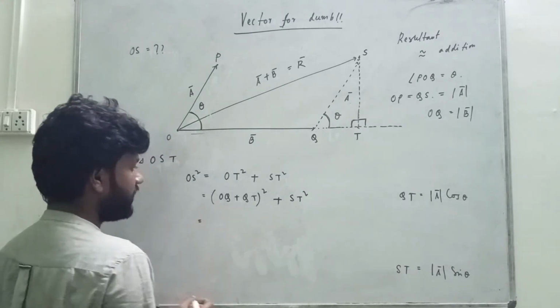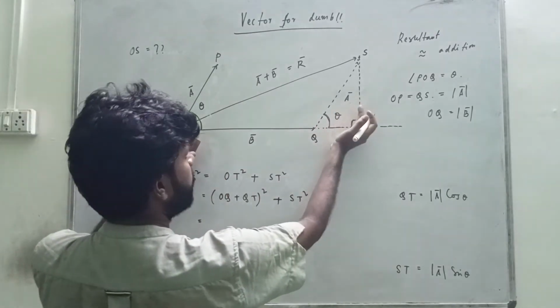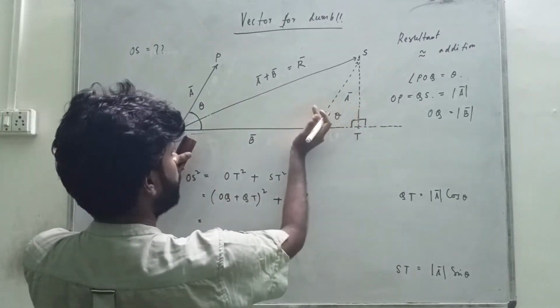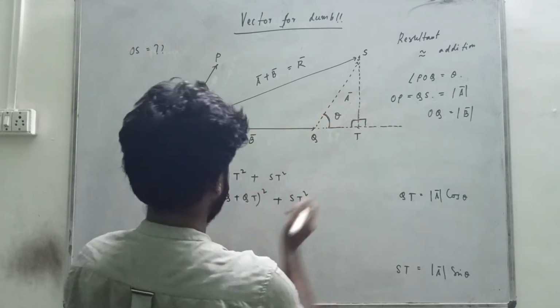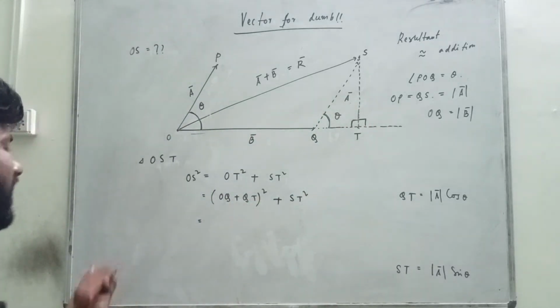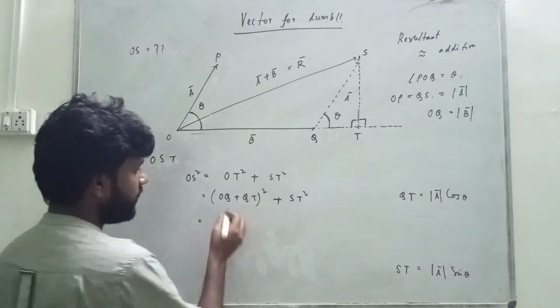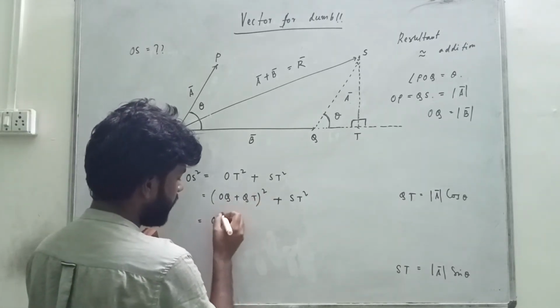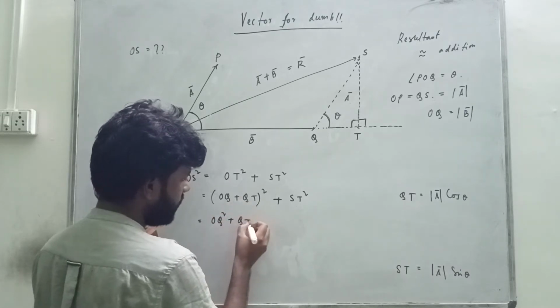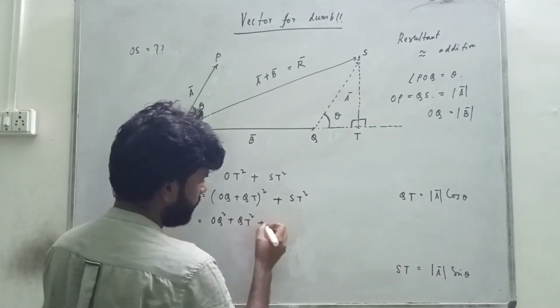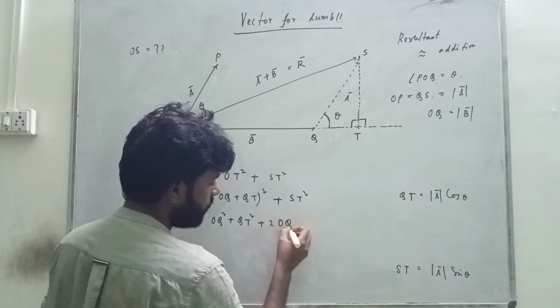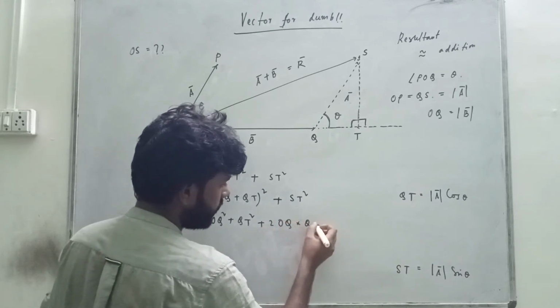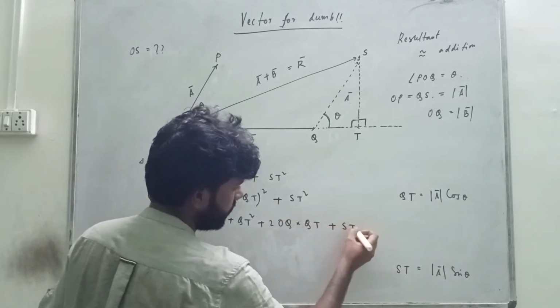Now all of you know the formula for A plus B whole squared. That means OQ squared plus QT squared plus 2 OQ into QT, plus ST squared.